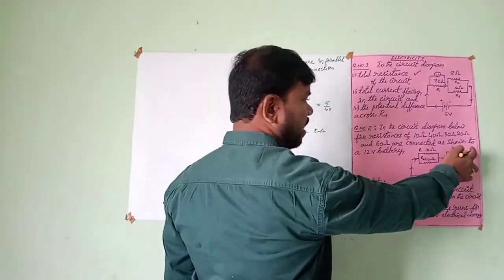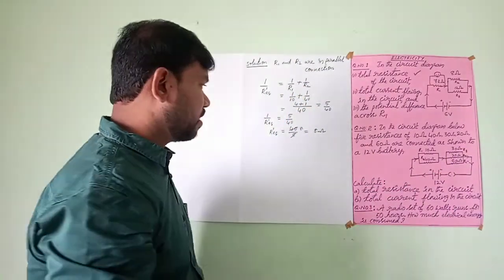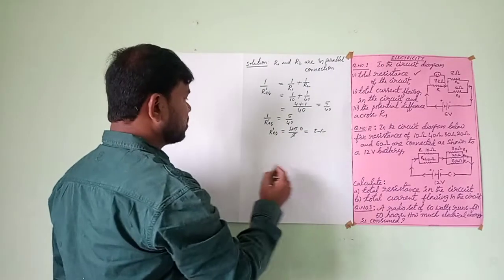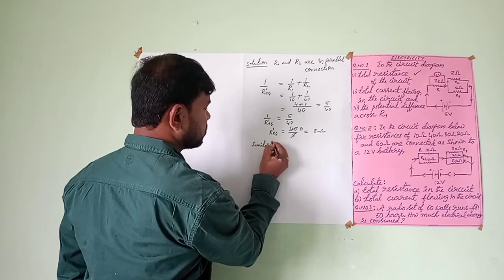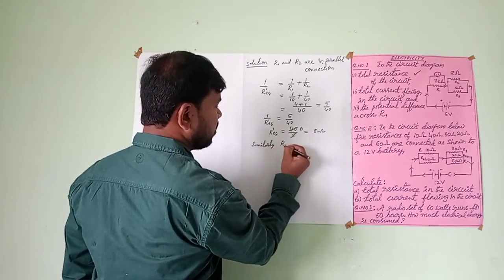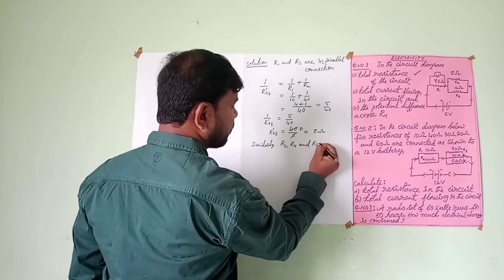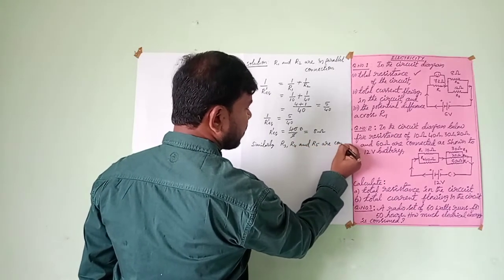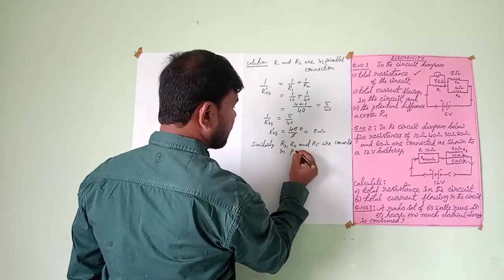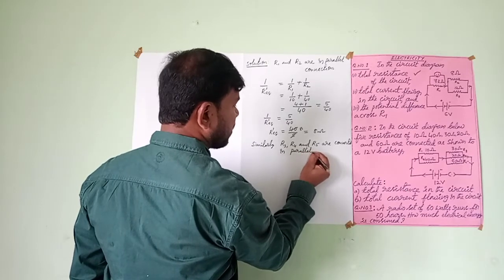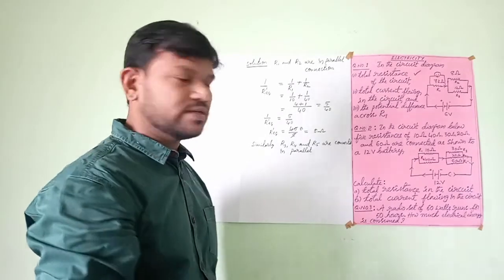In a similar way, we observe R3, R4 and R5 are also connected in parallel. Again we need to find the equivalent resistance.